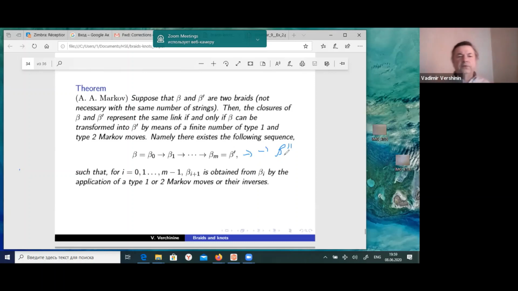And of course, beta is equivalent to itself by the empty chain. So these chains give a real equivalence relation.